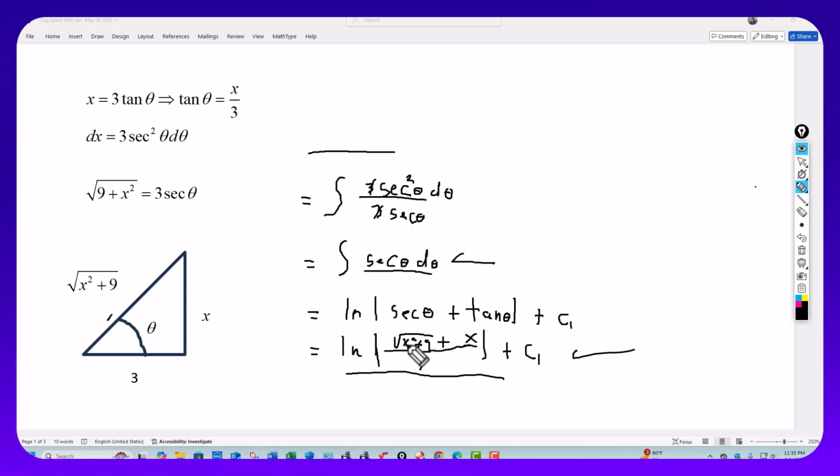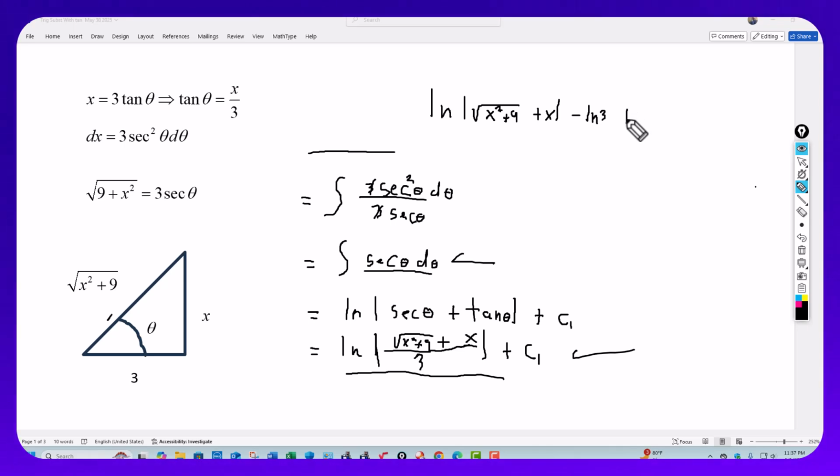Anytime you have the log of a fraction, you can express it as the natural log of the numerator minus the natural log of the denominator. So the numerator is the square root of x squared plus 9 plus x, and the denominator, remember, was 3.